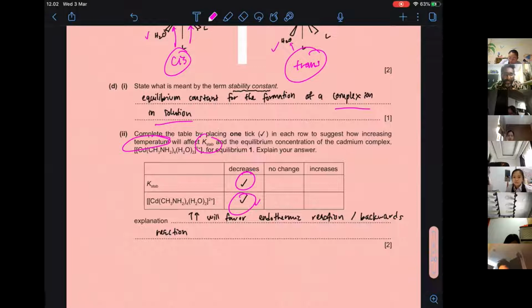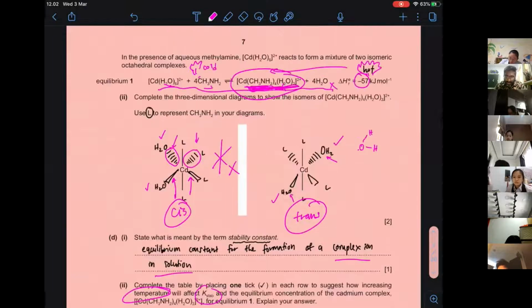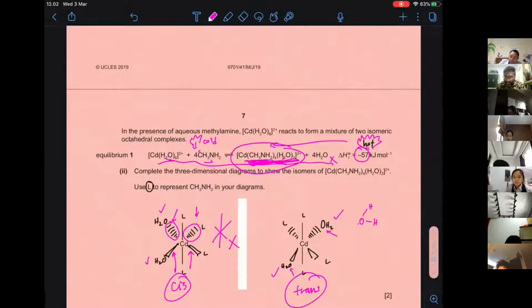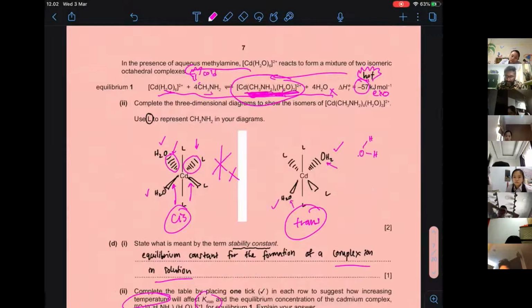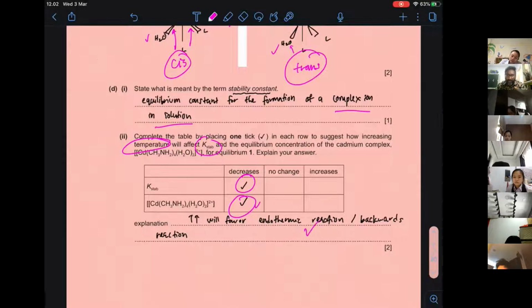Higher temperature will favor what type of reaction? The forward reaction is exo, so the reverse is going to be endo. So higher temperature favors endothermic reaction. And therefore, the reaction moves backwards, or the position of the equilibrium shifted to the left.